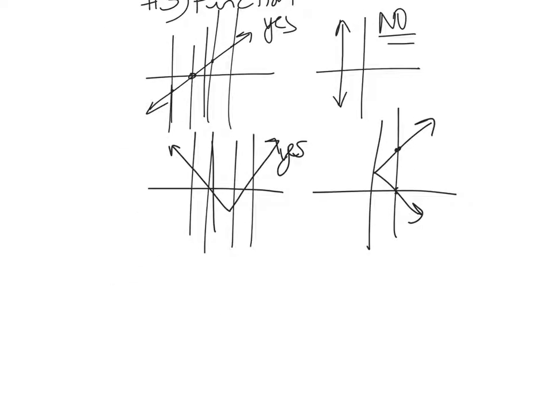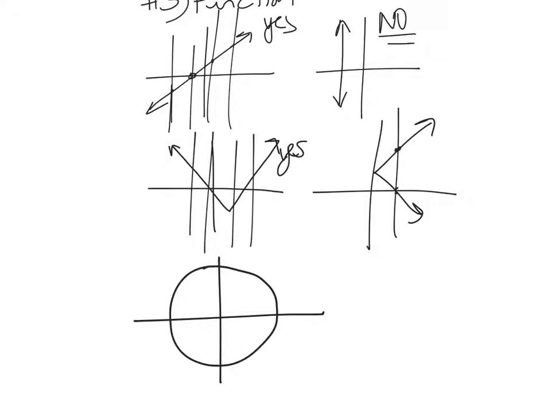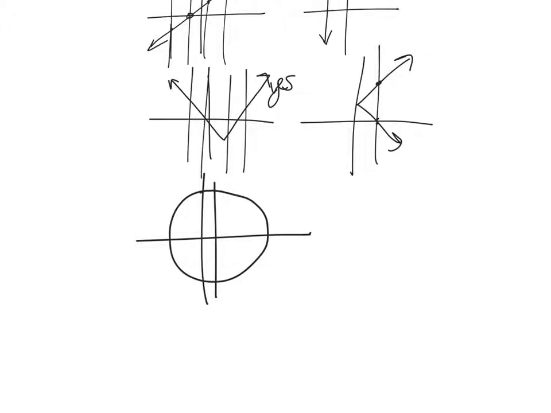Let's do one more. We're going to study circles next semester. How about a circle? No. A circle is not a function. Everyone just goes, oh, I'm just going to do the vertical line test. This is why. Let's pick this x value right here.